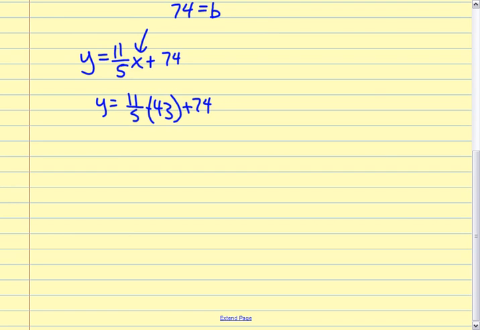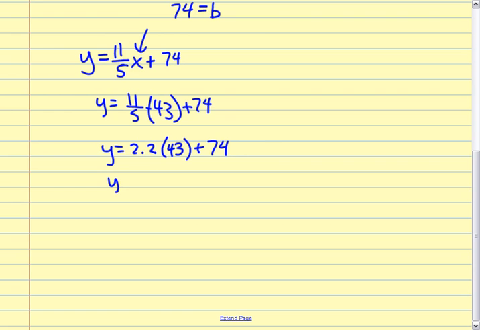It's going to give us some kind of decimal, so I'm going to use my calculator. 11/5 is the same as 2 1/5 or 2.2, right? I'm going to multiply that by 43, and that's going to give me 94.6.